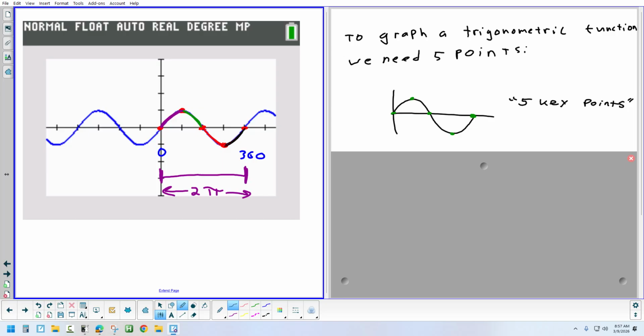So going from 0 to 360 and putting those 5 dots in gives you 4 different sections. How far apart do you think each one of these dots is if there are 4 sections over 360 degrees? Yeah, 90. They're all 90 apart in degrees. We're going to do some work in radians, but yes, this is at 0 degrees, 90 degrees, 180, 270, 360.